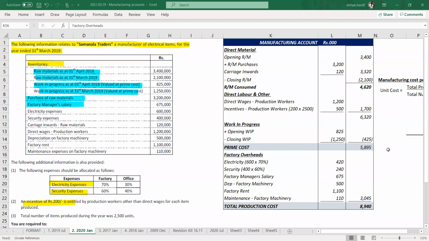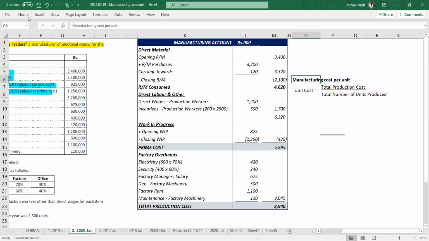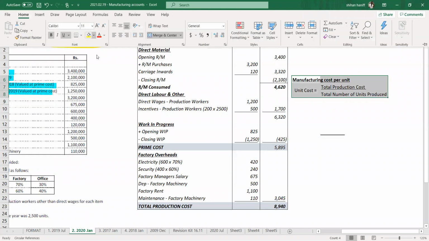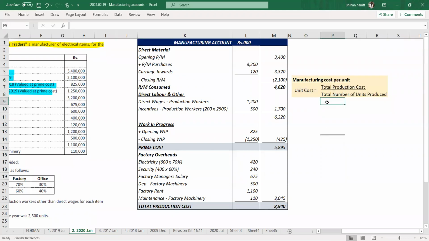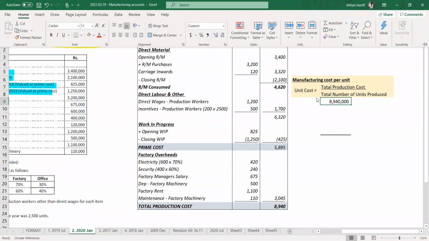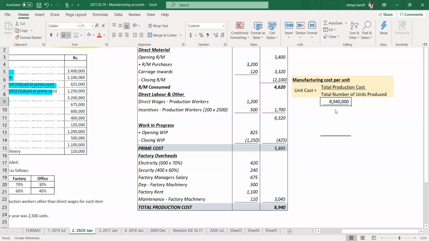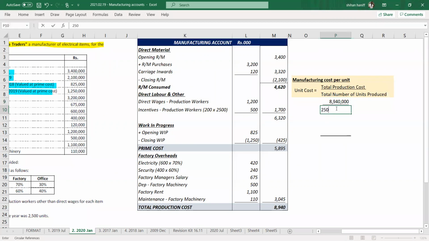Right? Then you can calculate the unit cost. Cost of 1 unit equals total production cost, 8,940,000, divided by number of units 2,500.